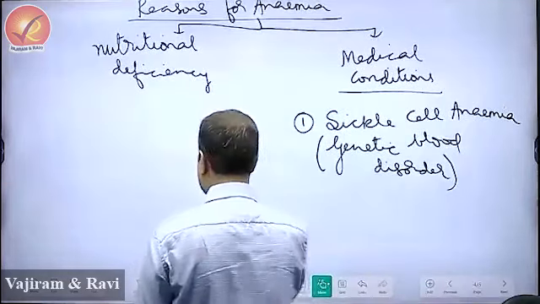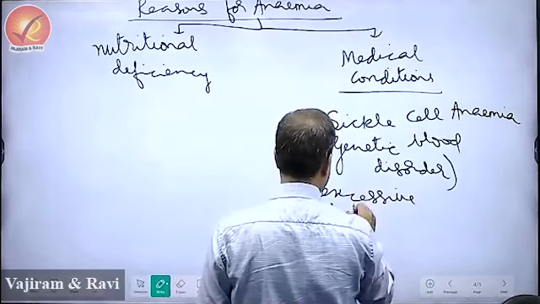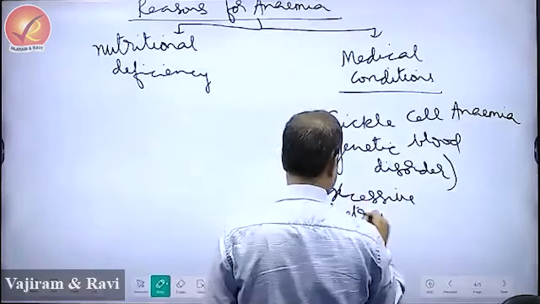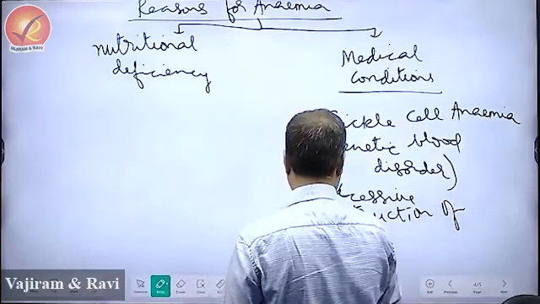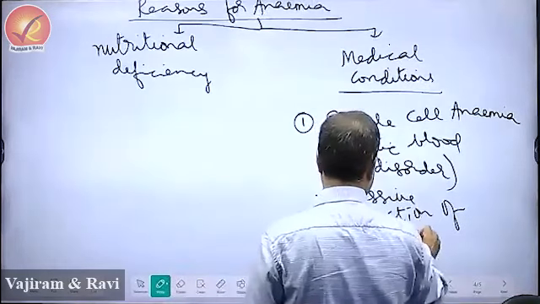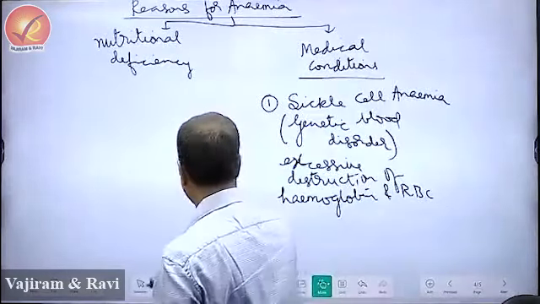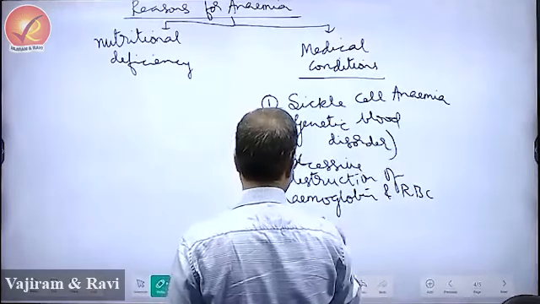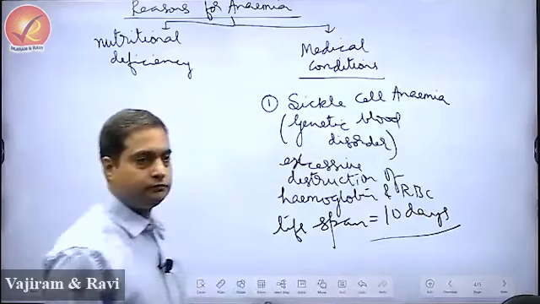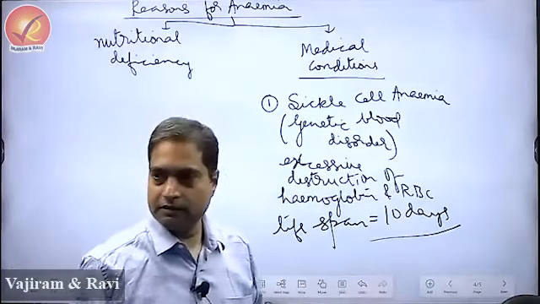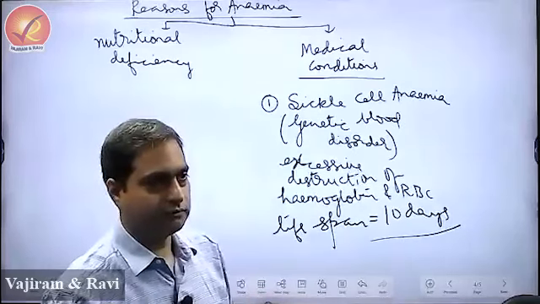In sickle cell anemia, there is excessive destruction of hemoglobin and RBC. Lifespan, here it is just 10 days. Lifespan required is 120 days. But here in 10 days only destruction of RBC hemoglobin occurs prematurely.